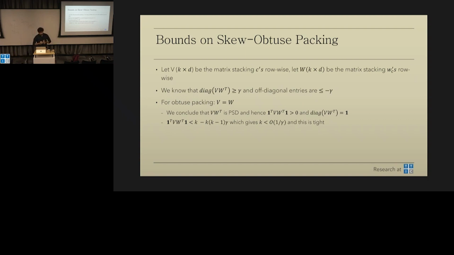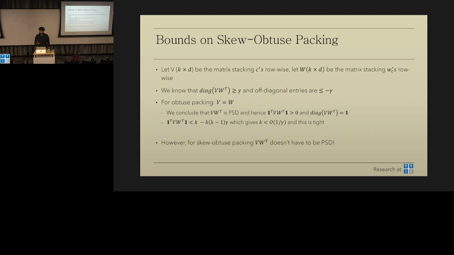If you do the sum of all the entries, it is at most k, that is the sum of the diagonals, minus the gamma that you are accounting for on the off-diagonal entries. But on the other hand, this sum has to be positive. So if you just rearrange these numbers, you get the desired count. And this is a very classical proof of this fact.